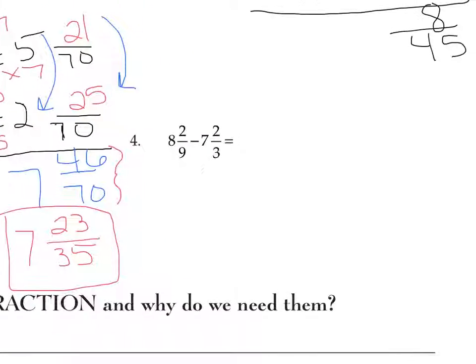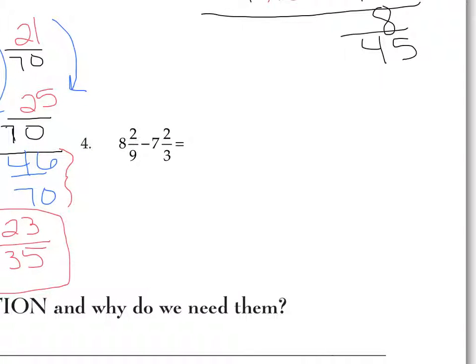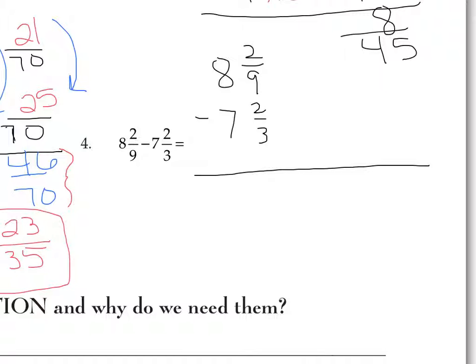All right, we're going to try number 4. If I remember correctly, this one's a challenge. We have 8 and 2/9 minus 7 and 2/3. So the first thing we notice is that we need to change the denominators.